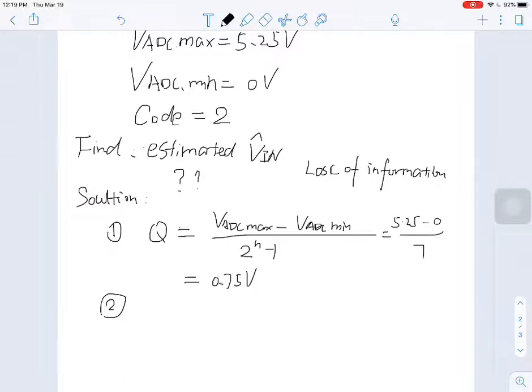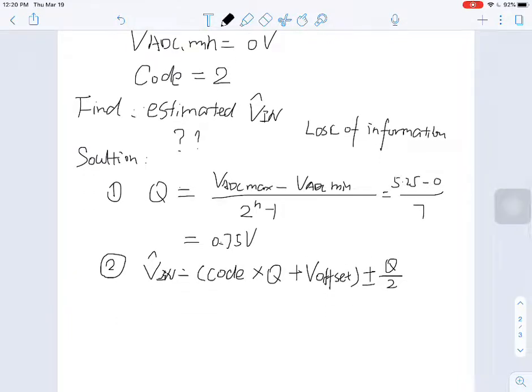Then the second step, we can find out the estimated analog signal V in hat by using the given code times Q, the quantization resolution, plus V offset, plus or minus Q over 2. That's the tolerance someone mentioned there. Now, if you plug in everything, we know the code, which is 2.